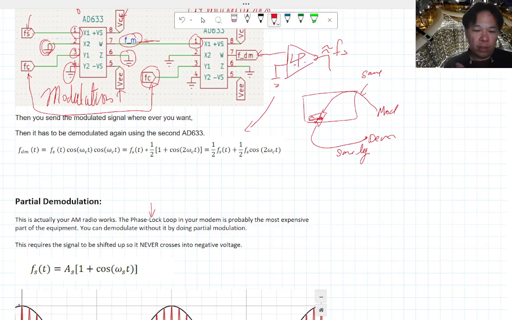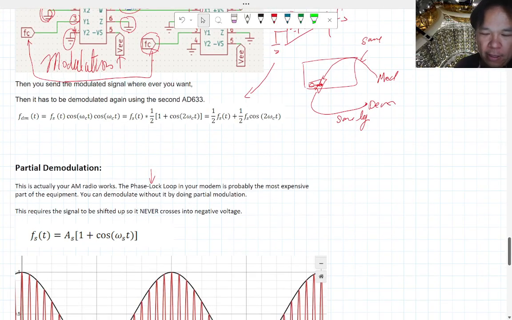But with partial modulation, you do not need this phase lock loop, and you don't need the second multiplier, which makes it cheap enough that when I was a kid I was able to just buy a little AM/FM radio for about $5. I mean, these AD633 chips each are already like $5. So there was no way someone would be able to sell a $5 radio if that were the case.